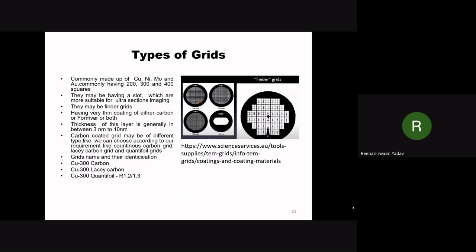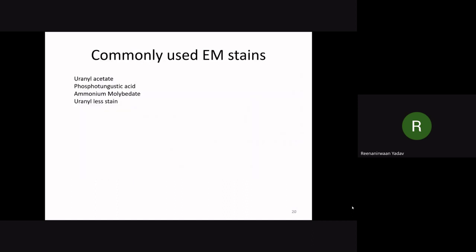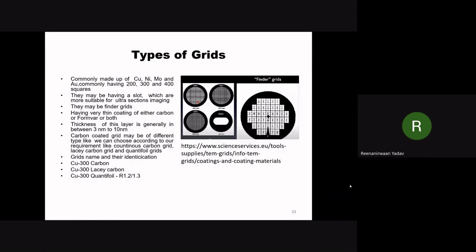Over this metal framework, we have a coat of a thin carbon film or maybe formvar or maybe both. Usually this film is generally 3 to 10 nanometers based on our use, and the size of this grid is usually 3.05 mm. So the carbon coated grid may be of different kinds.